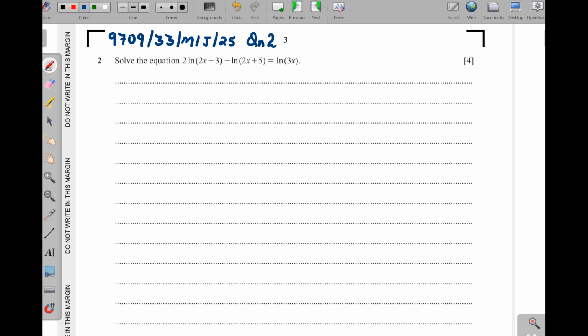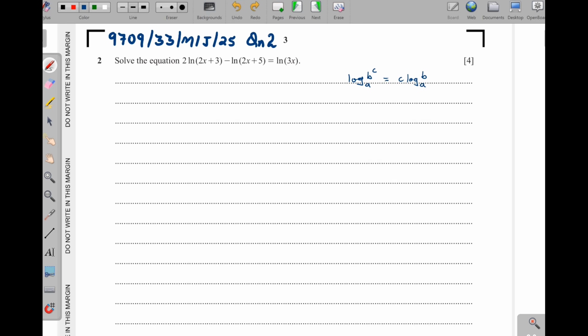Question 2 is coming from logarithms. Solve the equation 2 natural log of 2x plus 3 minus natural log of 2x plus 5, which is equal to natural log of 3x. Now we know that log of a to the power c is equal to c log of a. So I will need to put this one here.